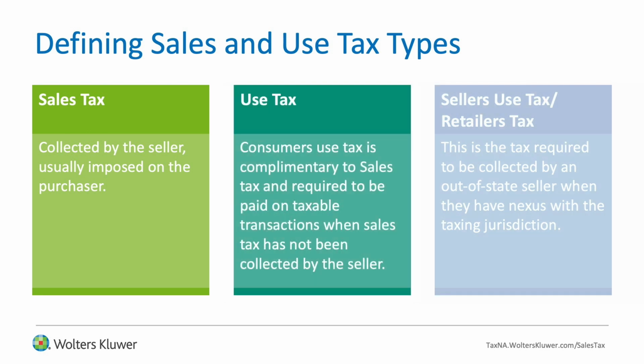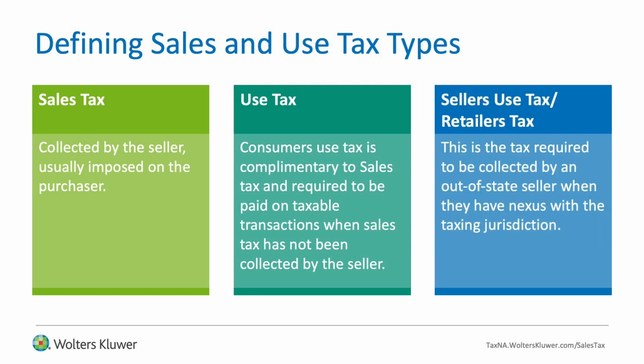Use tax, or a consumer's use tax, is complementary to the sales tax. It's the tax that is accrued when the sales tax has not been collected by the seller. So it's what's required to be paid on a taxable transaction when that sales tax was not collected.